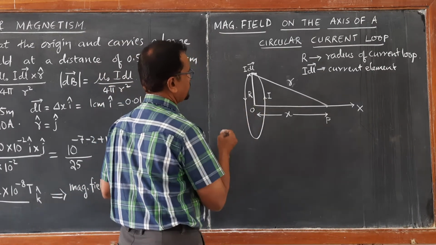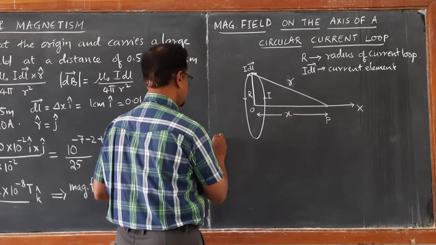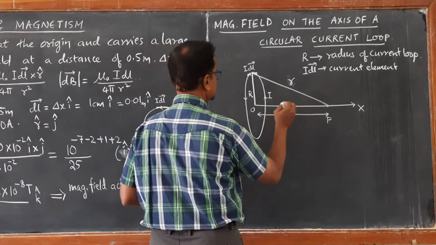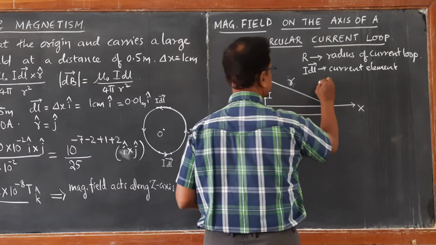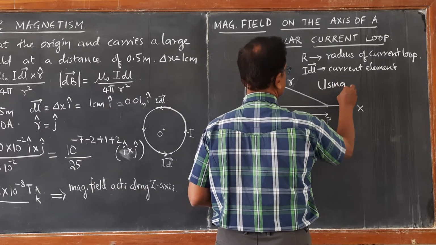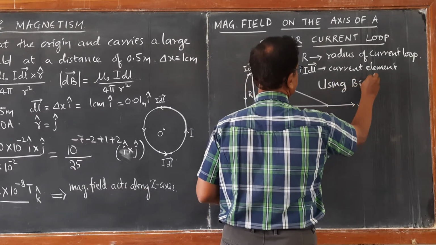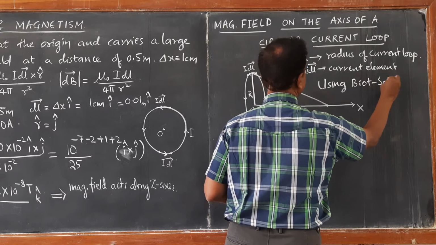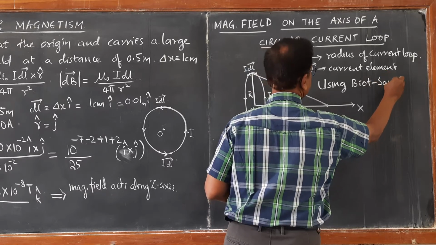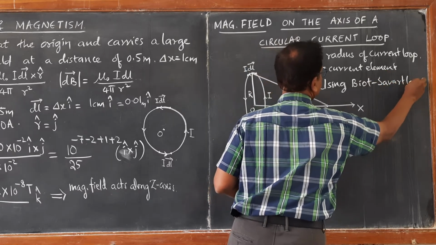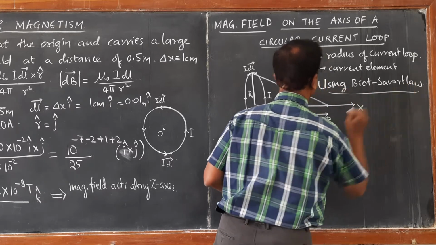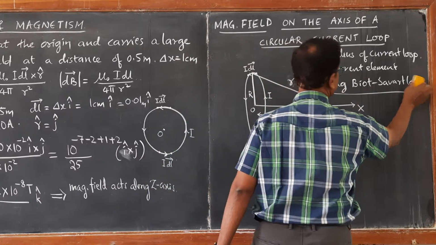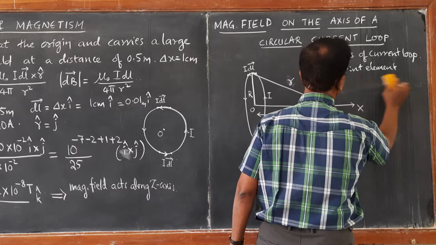So I am going to write here, using Biot-Savart law, I can find the magnetic field. I need not write it here because I have to draw the diagram here.